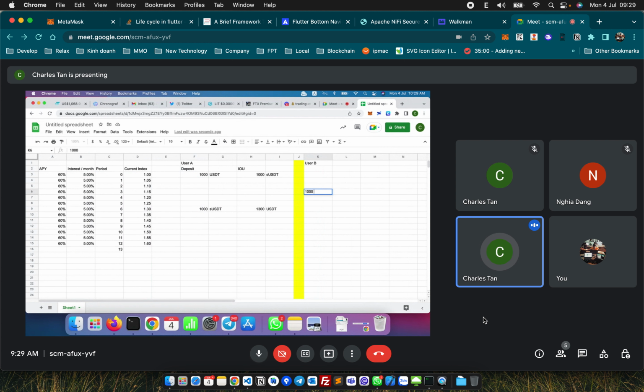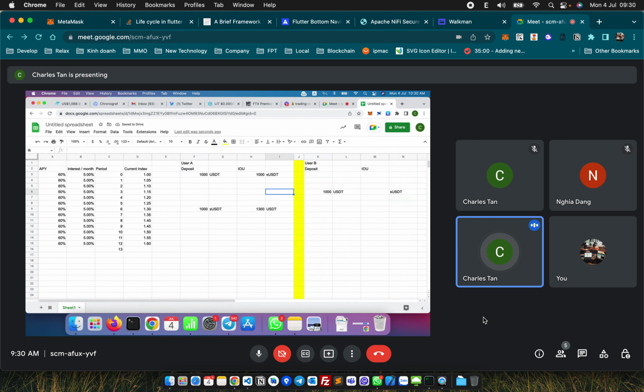He deposits 1,000 USDT, and we need to issue him with an IOU, right?